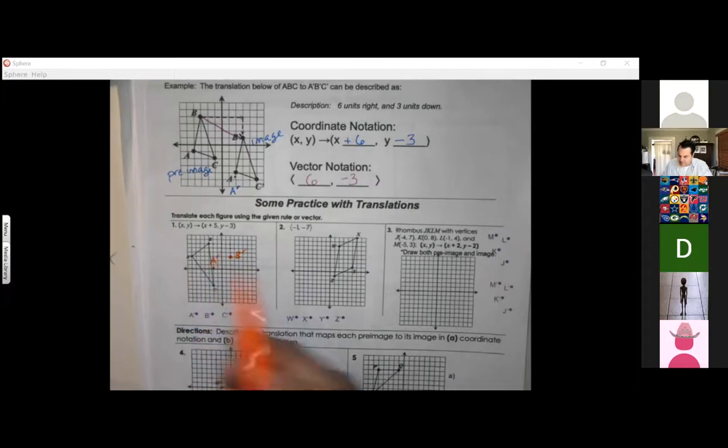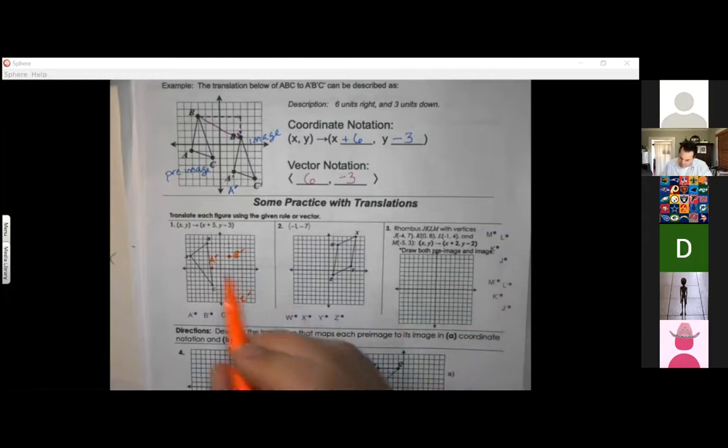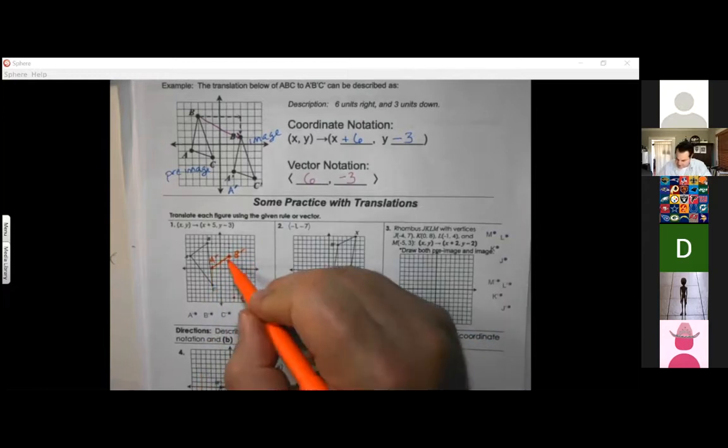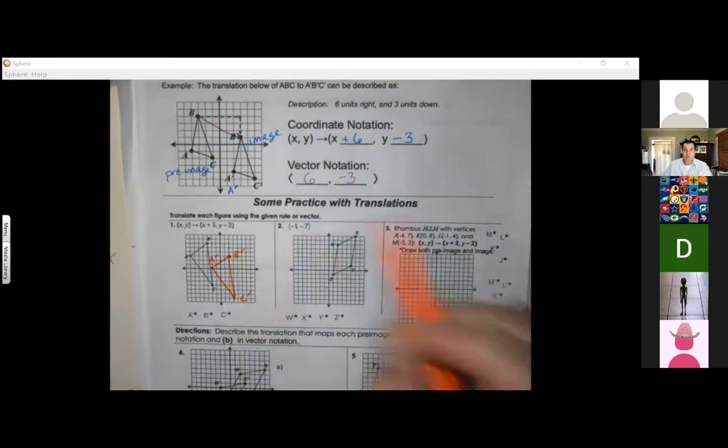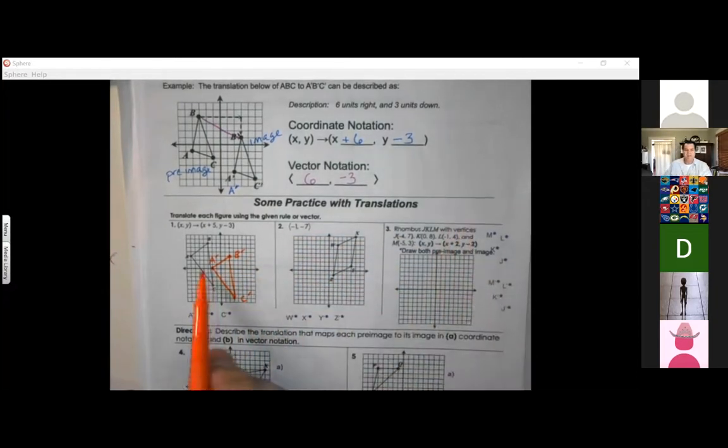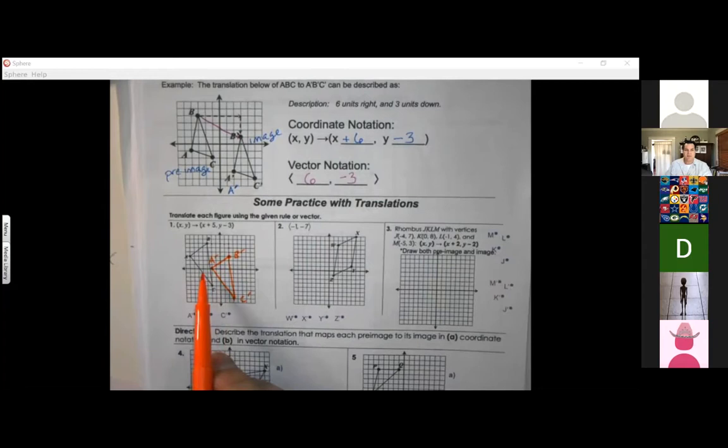This would be A prime, and this is going to go over 1, 2, 3, 4, 5, down 1, 2, 3. This is C prime. And if I connect those, this shape will be the same size and the same orientation and the same angles. In other words, these two forms are congruent.